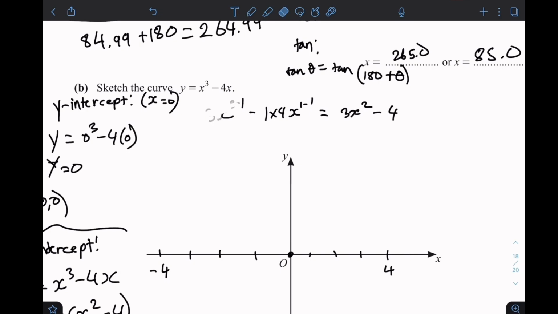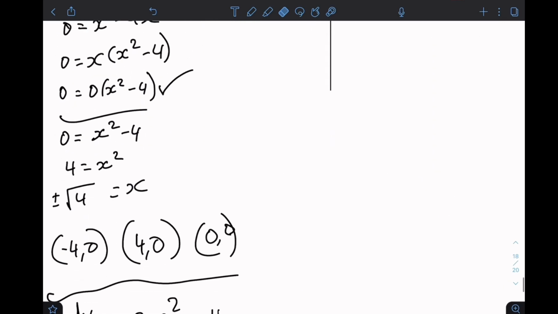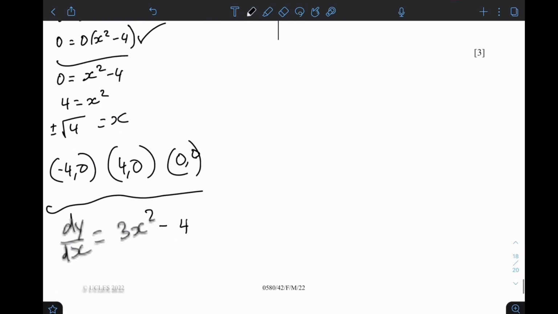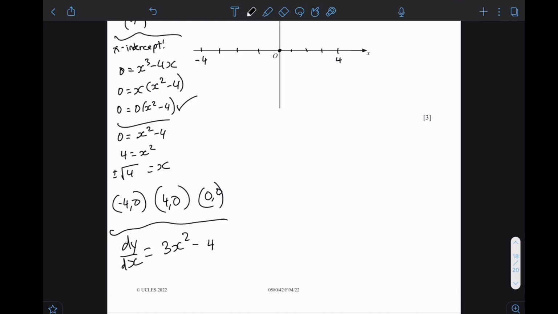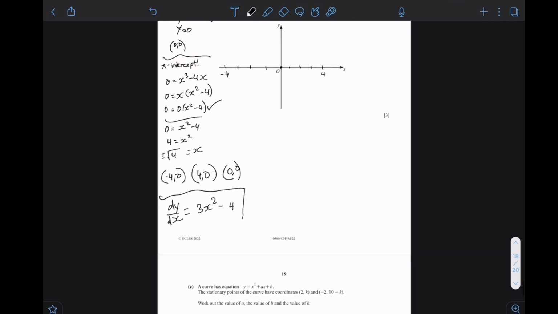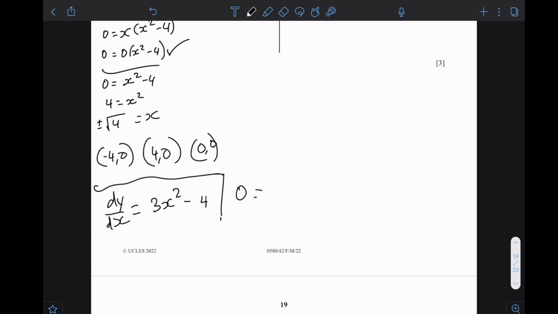Okay, so I'll just erase all this. Now, to figure out the turning point, you have to substitute 0 for 3x squared minus 4.